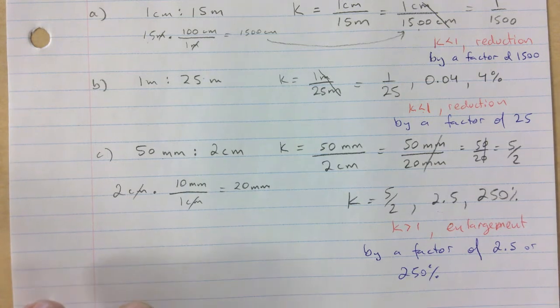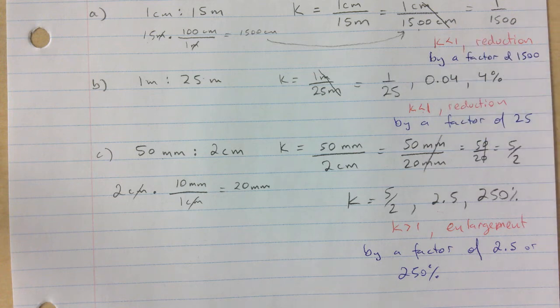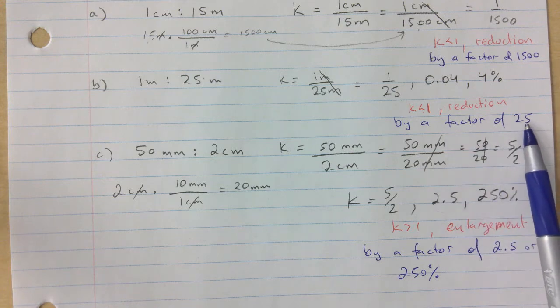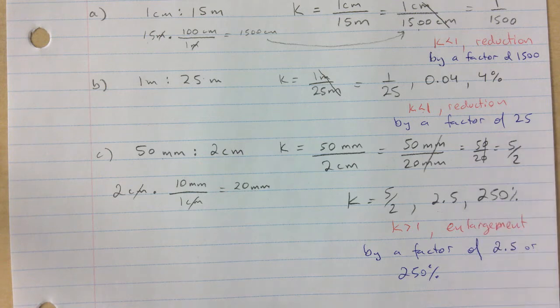So whatever works best in that scenario, when there's a 1 in the numerator, then it's just easy to say it's a factor of 25. But you could have also said by a factor of, look back to B here, you could have put down a factor of 4%. That is fine. So percentage, decimal, fractions, you can use them interchangeably, and that is fine.